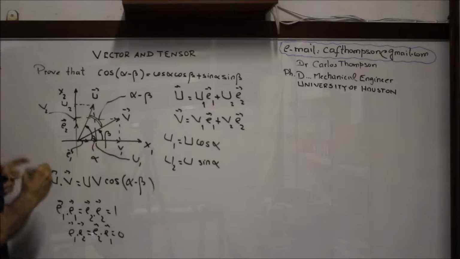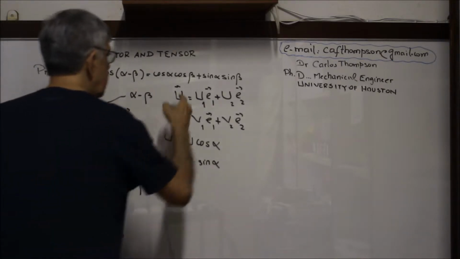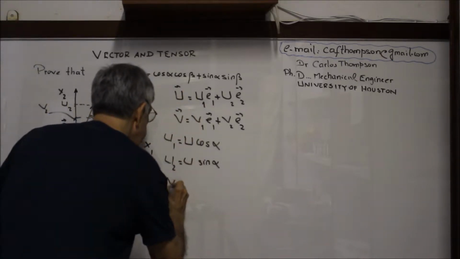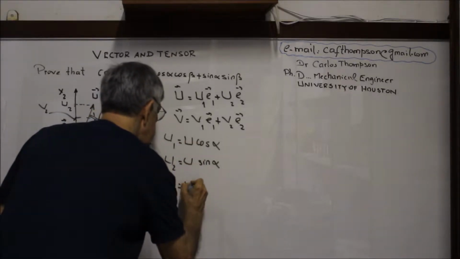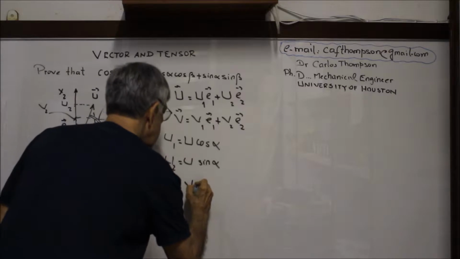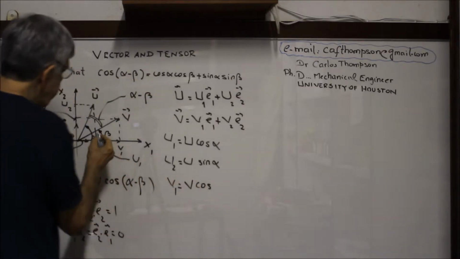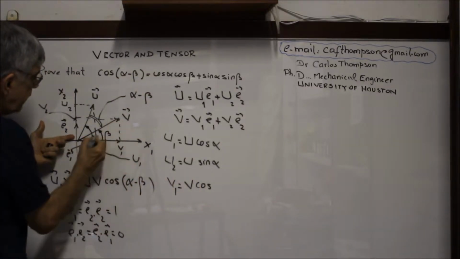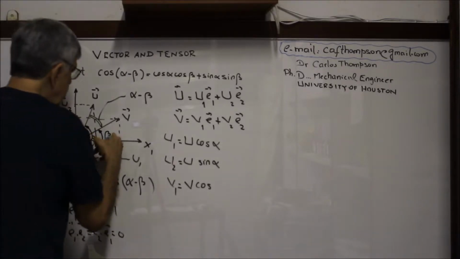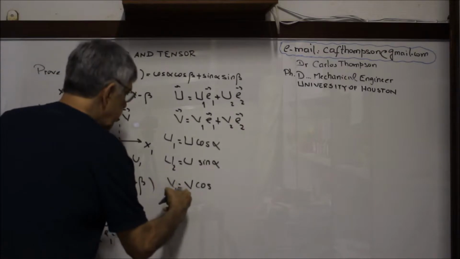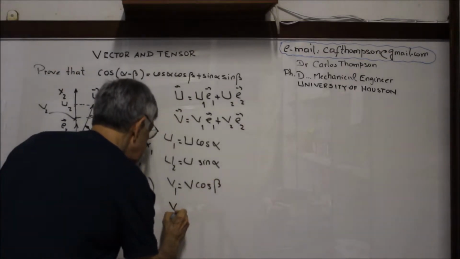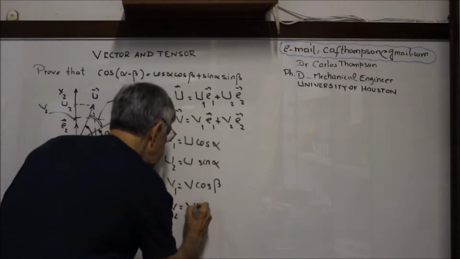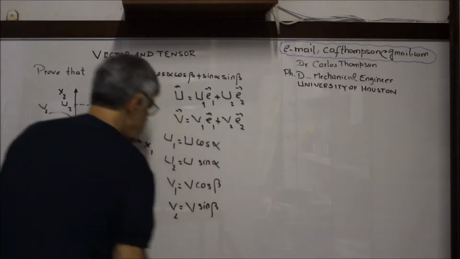Okay? Now, likewise, v1 is equal to v times cosine of beta, because the cosine of beta is equal to v1 over v. Now, v2 is equal to v sine of beta.